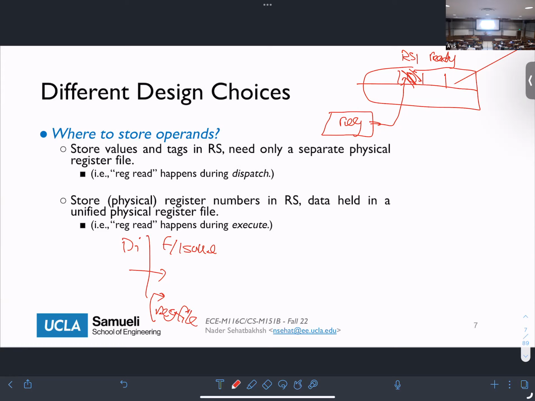The advantage of this approach is that we don't need to store values in our reservation station. The second thing is that forwarding becomes much easier, because forwarding in the method that I described has to happen after the execution is done. We go to the complete stage, and complete needs to put feedback back to the reservation station and update the values in our reservation station, right?